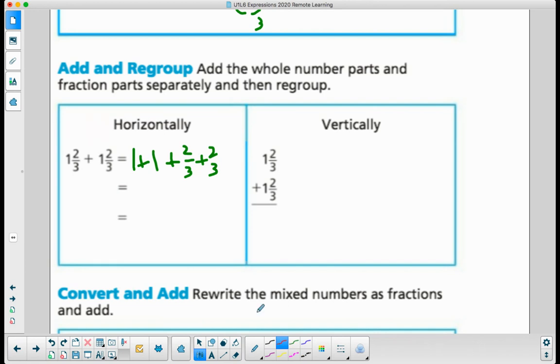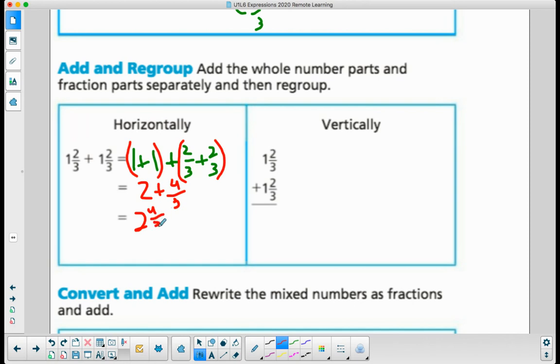So what I can do is add my whole numbers, 1 plus 1, add my fractions, 2/3 plus 2/3, then add them together. 1 plus 1 is 2. 2/3 plus 2/3 are 4/3. And now add those together. And that gives me 2 and 4/3.